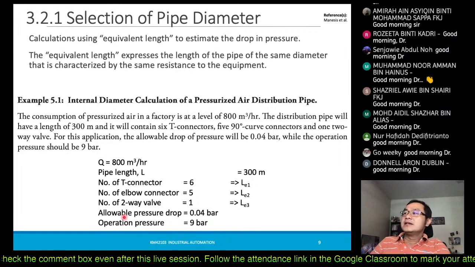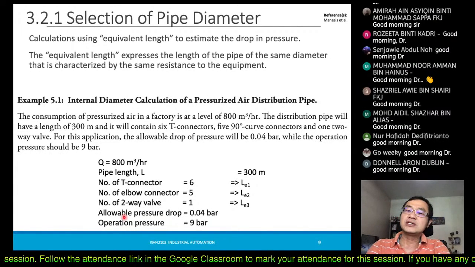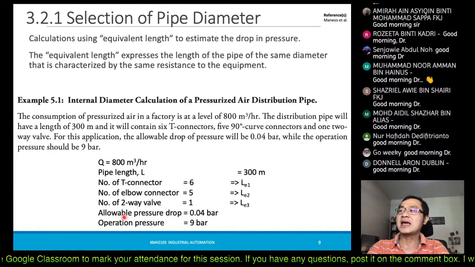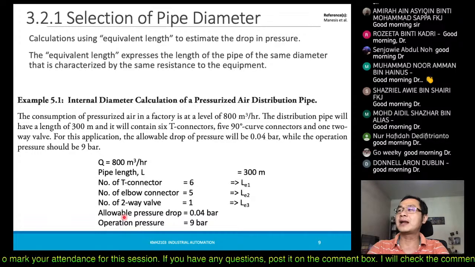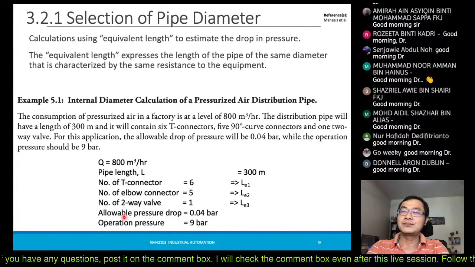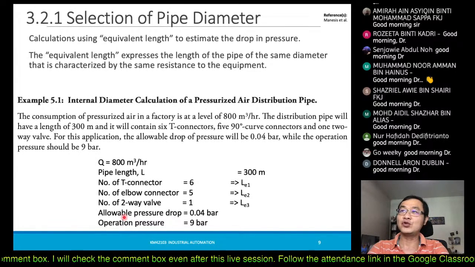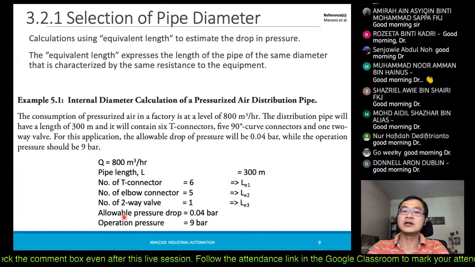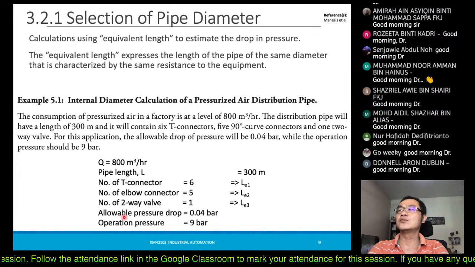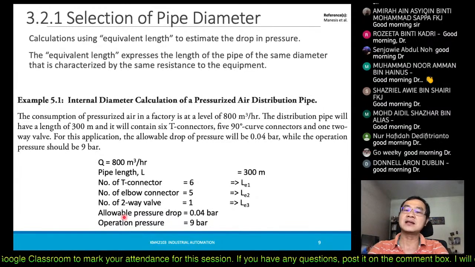These selections of pipe diameters are usually very generic, I would say, and they apply the same concept of friction in pipes that you have learned in fluid mechanics, I believe. And usually in the industry they just use what we call the equivalent length to estimate the pressure drop across the pipes.